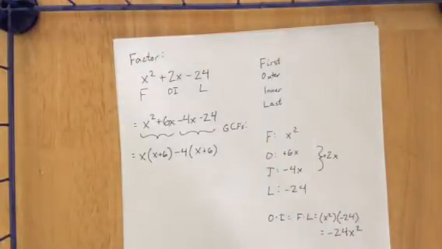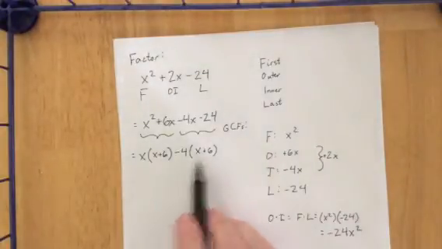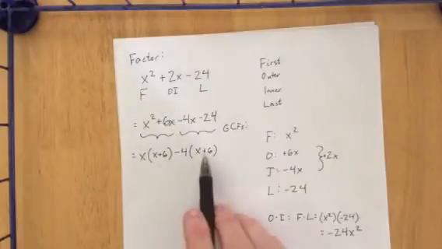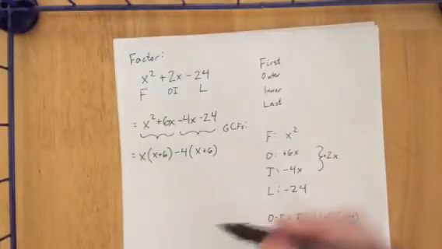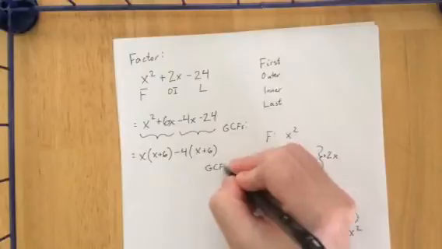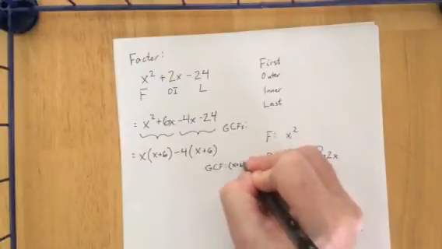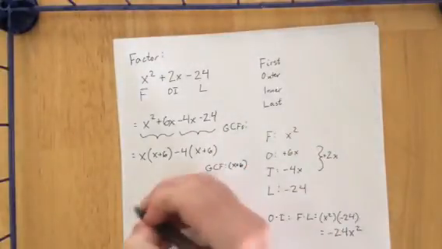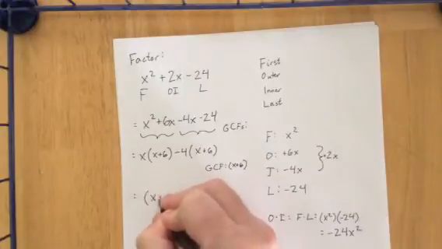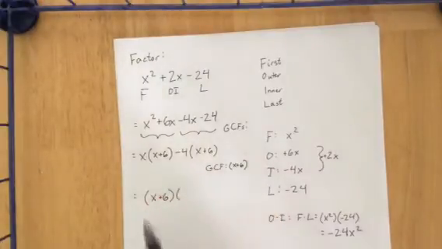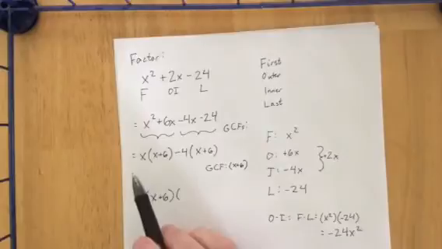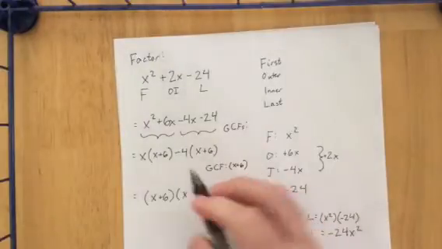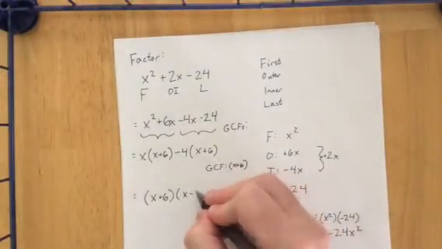The reason that this is significant is because these two larger terms now have a factor in common, and that common factor is x plus 6. So, if I pull out that common factor of x plus 6, first term still has an x left over, second term has a minus 4 left over.